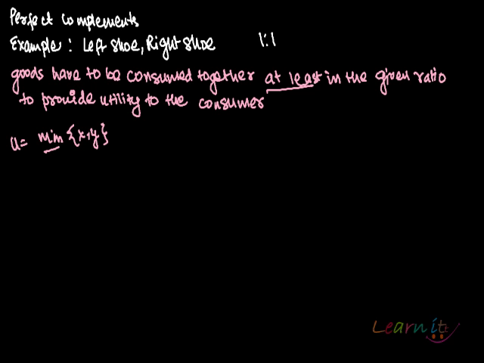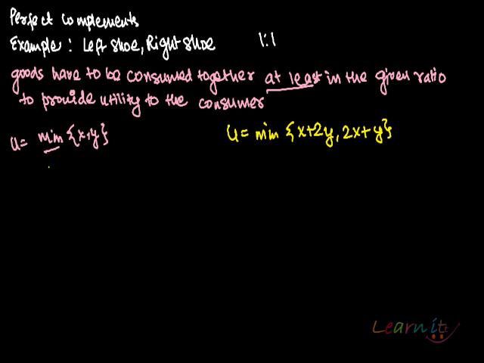Now suppose the utility is min of x plus 2y and 2x plus y. This is not a perfect complement. This is a kinky preference. So every min function is not a perfect complement.